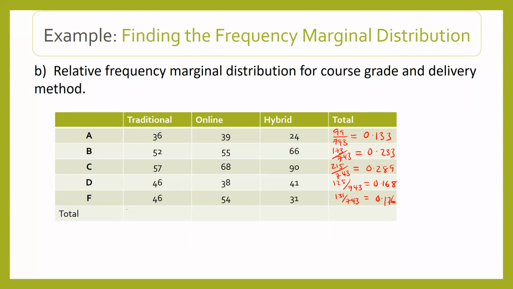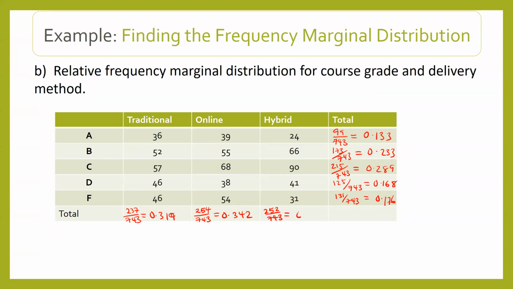You do the same thing across here. Remember, we had 233 here. We divide again by 743. That would be 0.319. This column, we have 254 divided by 743. That would be 0.342. The next one is 252 divided by 743.